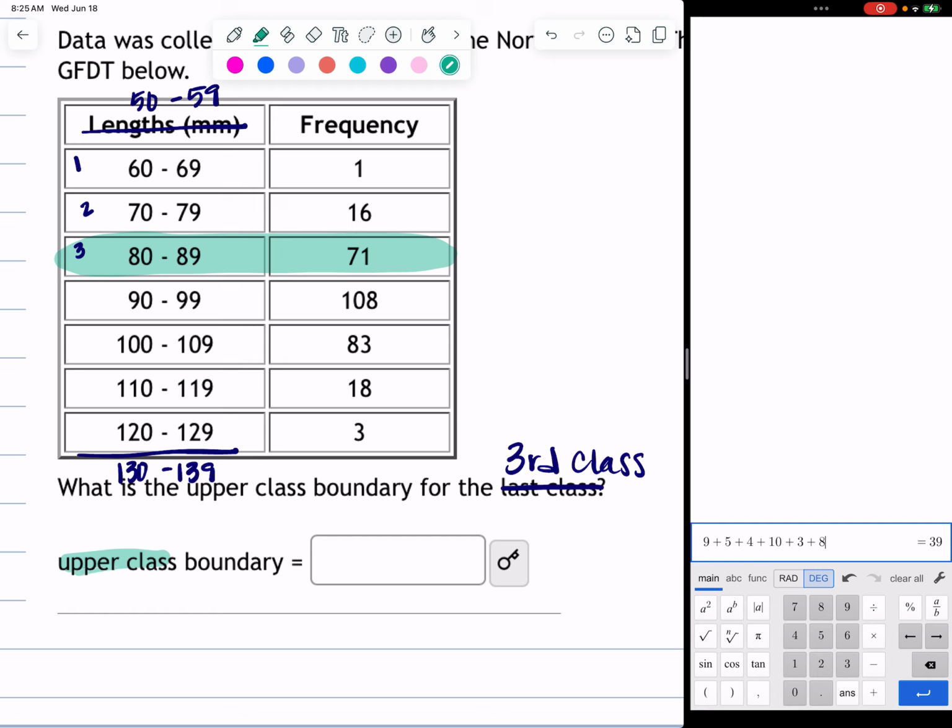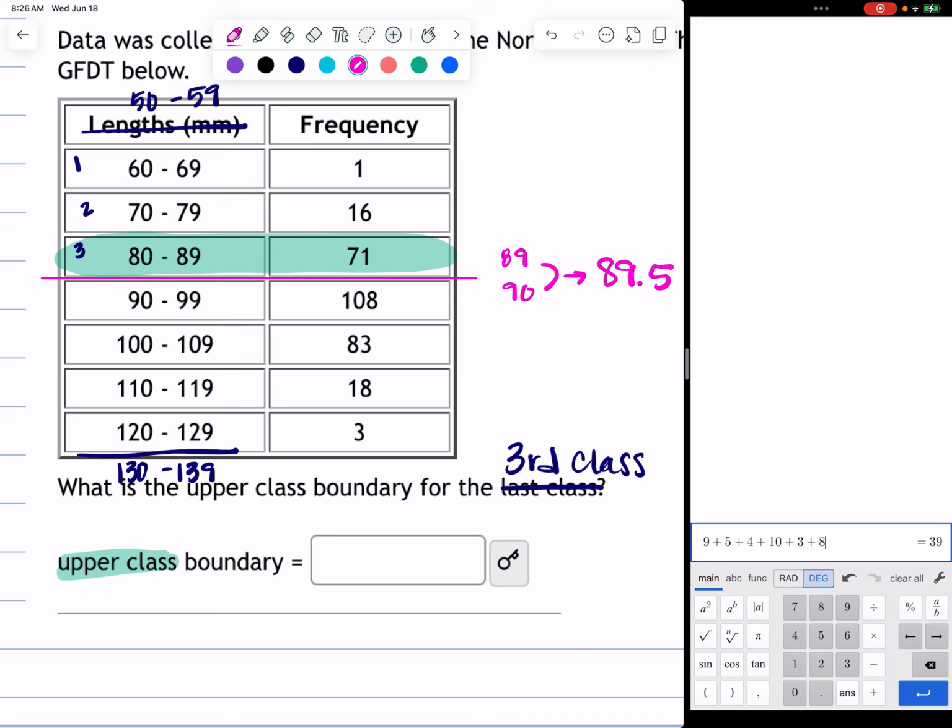We want the upper class boundary. So I'm looking for the spot that separates 89 from 90. Well, halfway between 89 and 90 is 89.5. So that would be the upper class boundary for the third class.